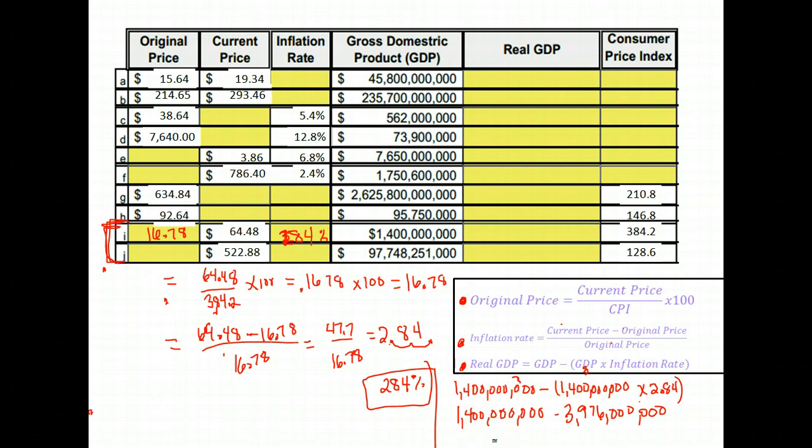So we still do 1,400,000,000 minus our 3,976,000,000. Okay, so again, we get a negative GDP, actually, is what happens here. We get negative 2,756,000,000 for our real GDP.